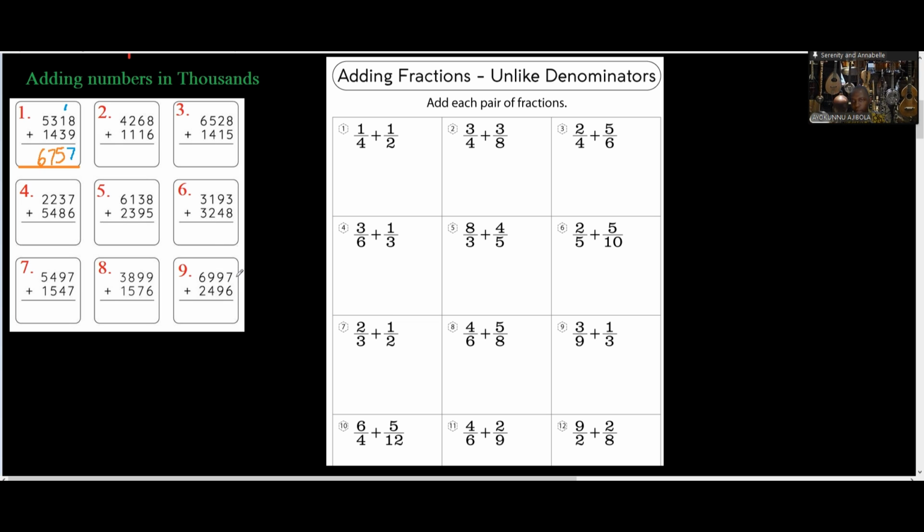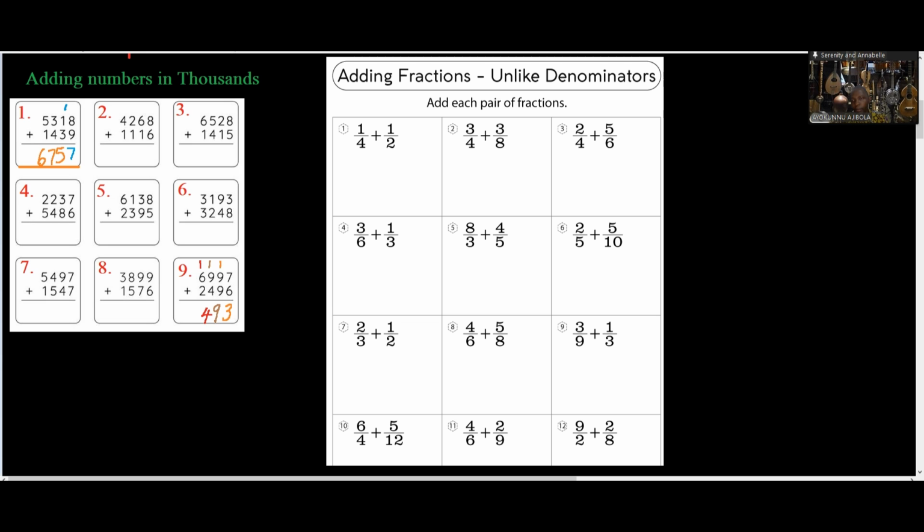Number 9 says 6 plus 7, that is 13. So I write 3, I keep 1. Then the 1 added to the next column, I have 1 plus 9, that's 10. 10 plus 9, that's 19. I write 9, I keep 1 again. Then added to the next column, 1 plus 9, that's 10. 10 plus 4, that's 14. So I keep 1 again.